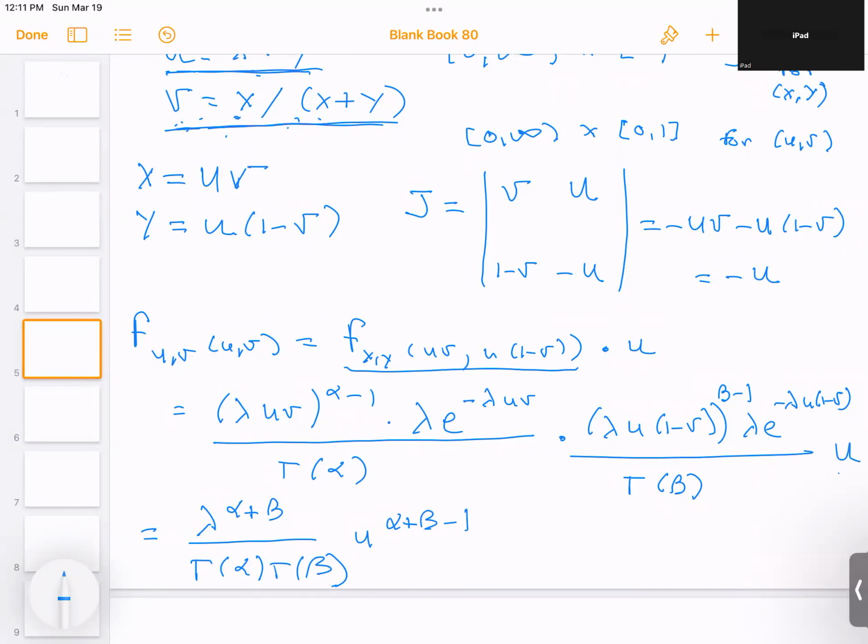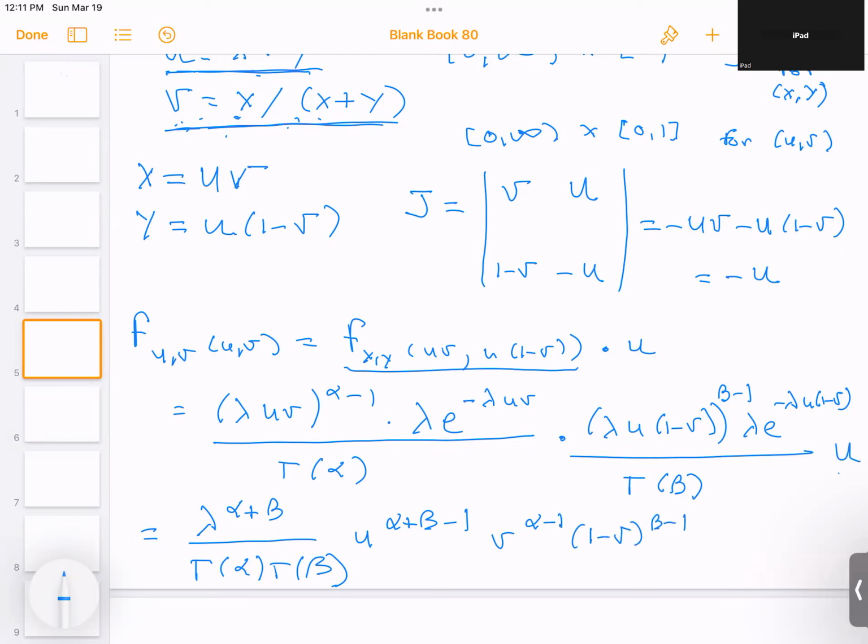And for v, we have v to the alpha minus 1 and 1 minus v to the beta minus 1.